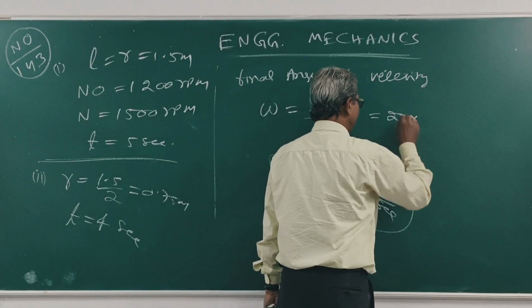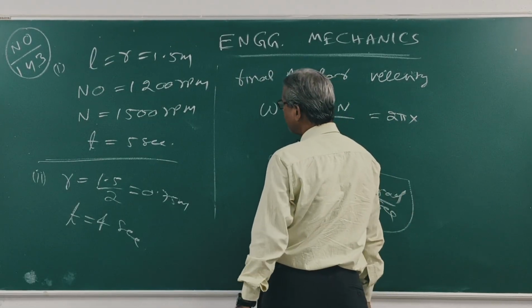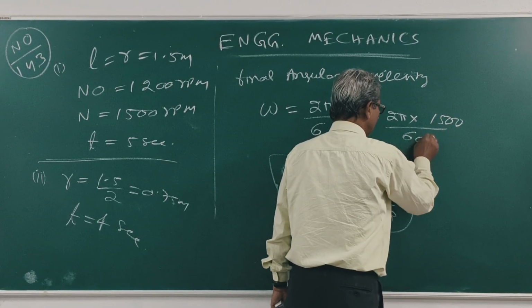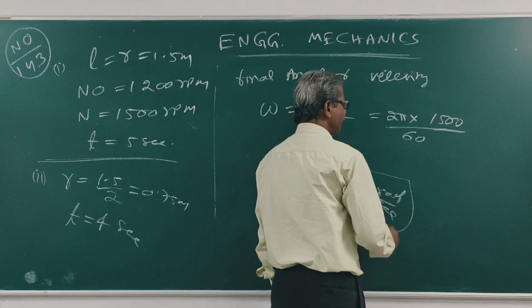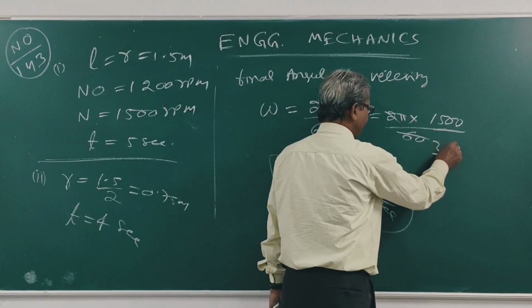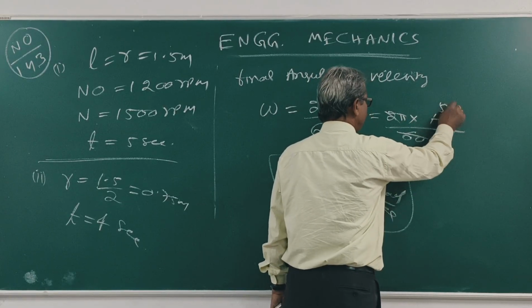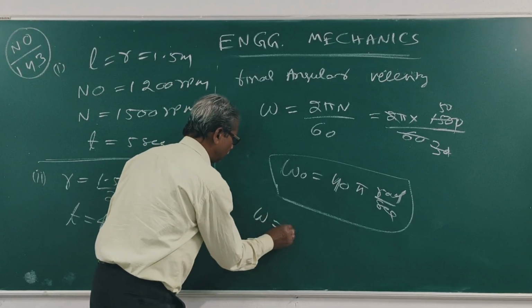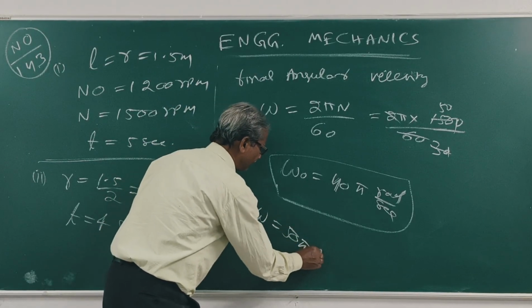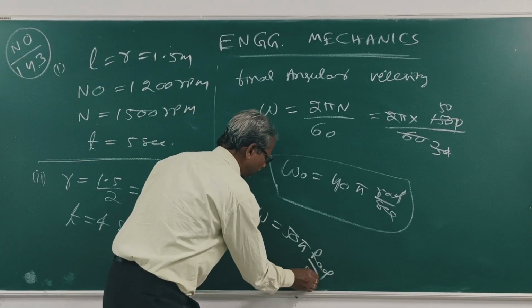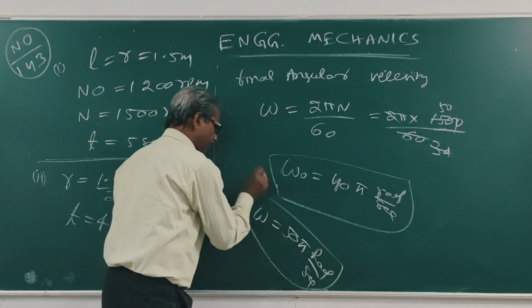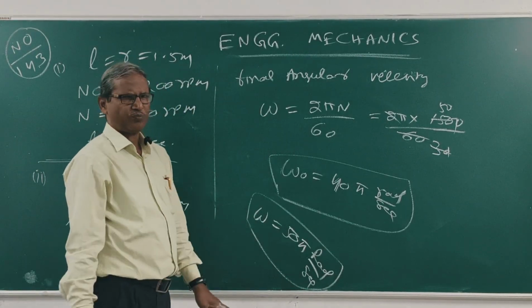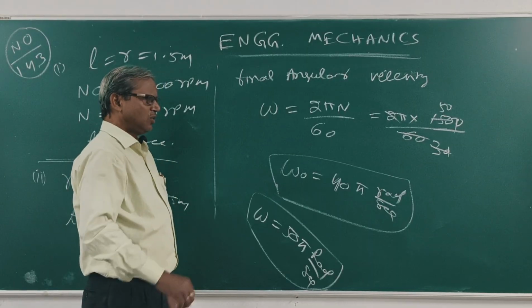So 2 pi into 1500 by 60, that is 25. So 50 pi. So omega is equal to 50 pi radian per second.